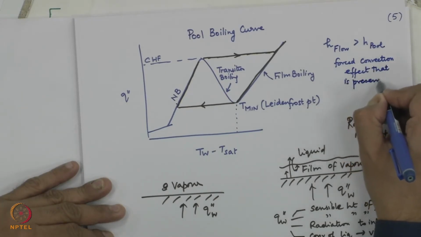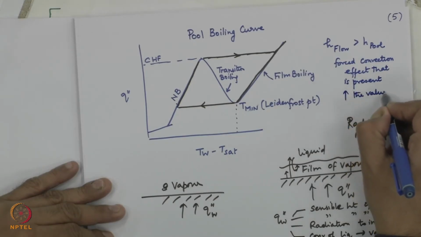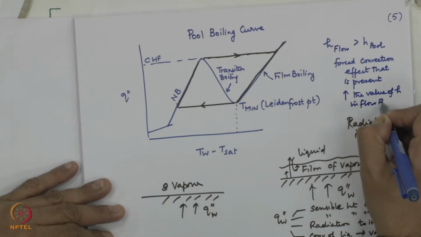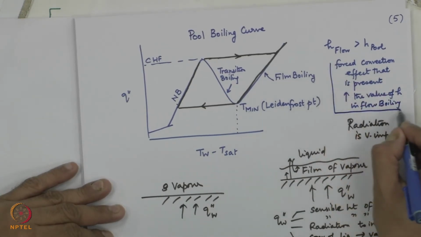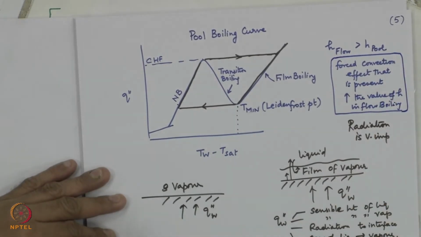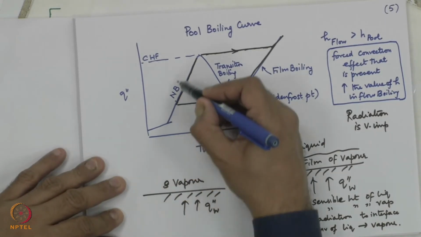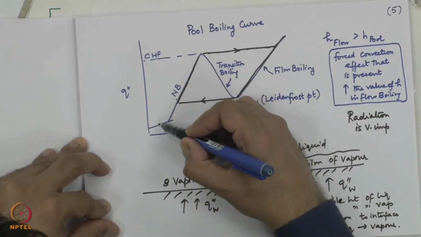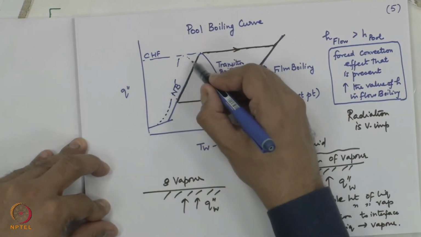This forced convection effect that is present increases the value of h in flow boiling. This is what changes the magnitude. So, you have a nucleation part and you have a forced convection part. The forced convection part is the extra thing that is there. So, the nature of the curve would be similar, except that the slopes would be slightly different. So, you would have a boiling curve whose slope probably does this, and you would get something like this.